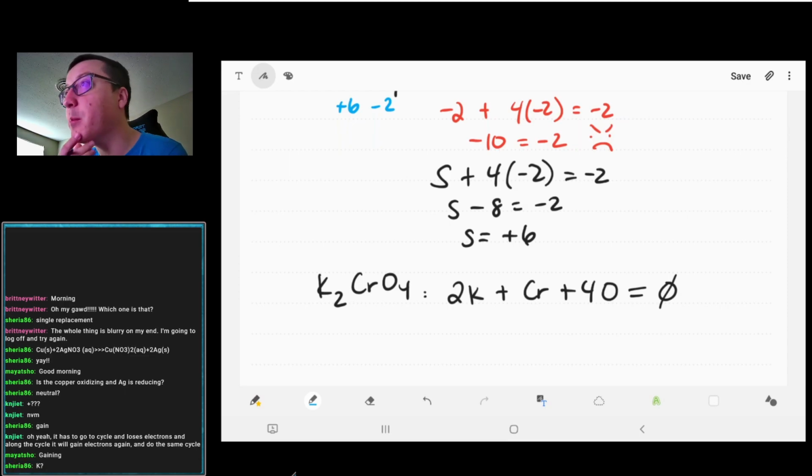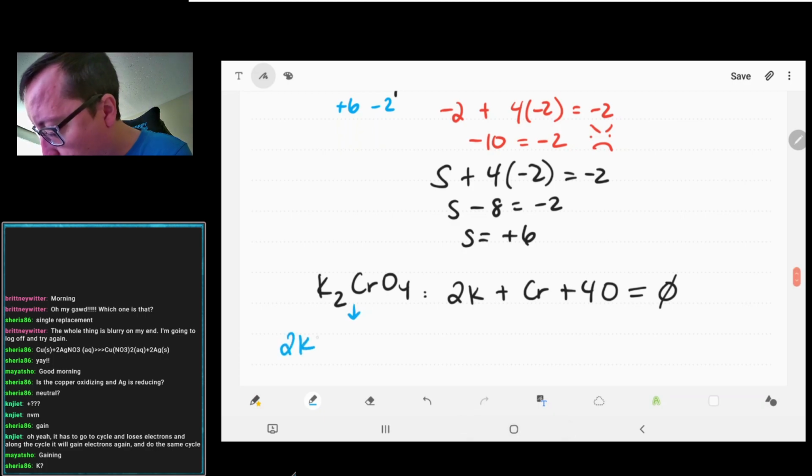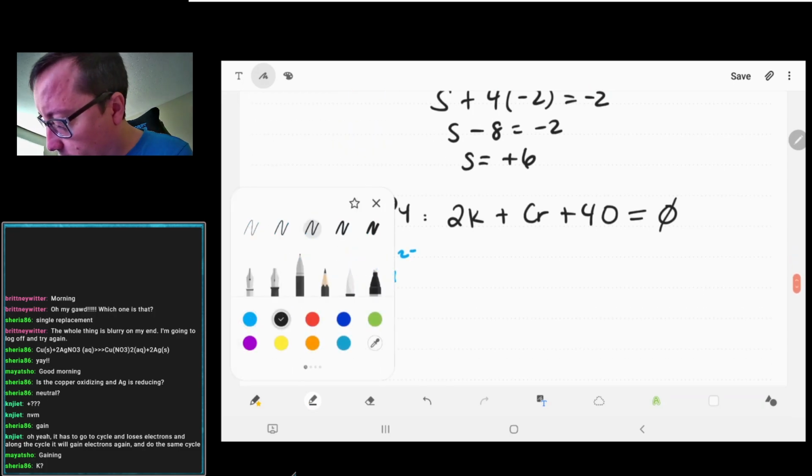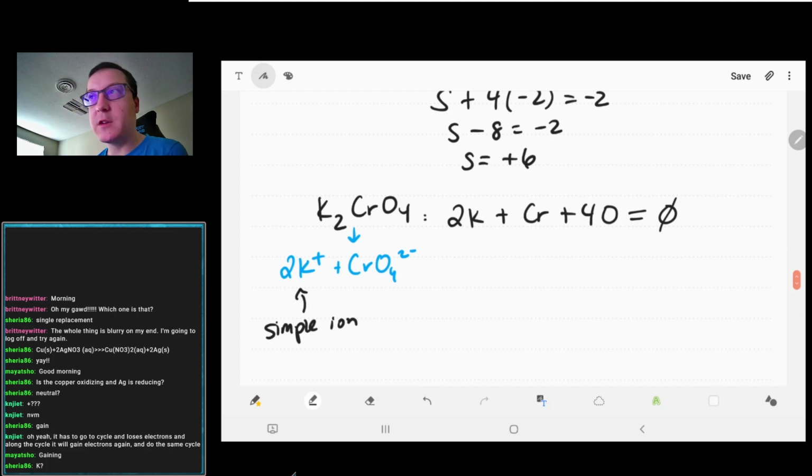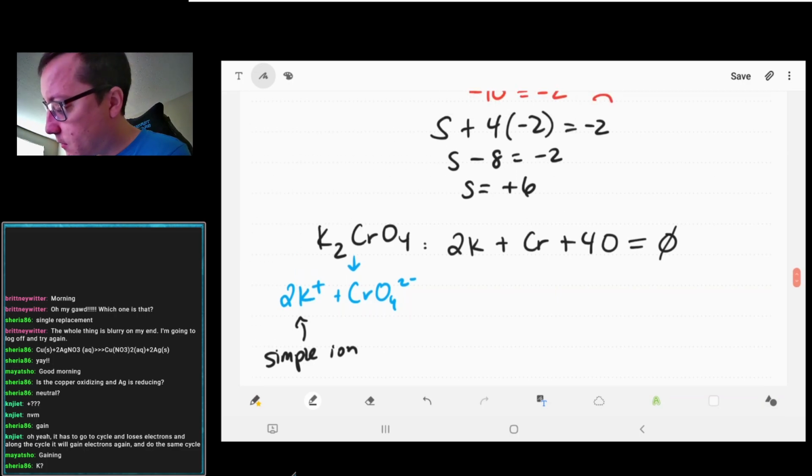Yeah, potassium is a simple ion, right? We have our simple ion right here. Chromate, of course, is not a simple ion, so we can't apply our second rule to it. So this is telling us that potassium should be +1.